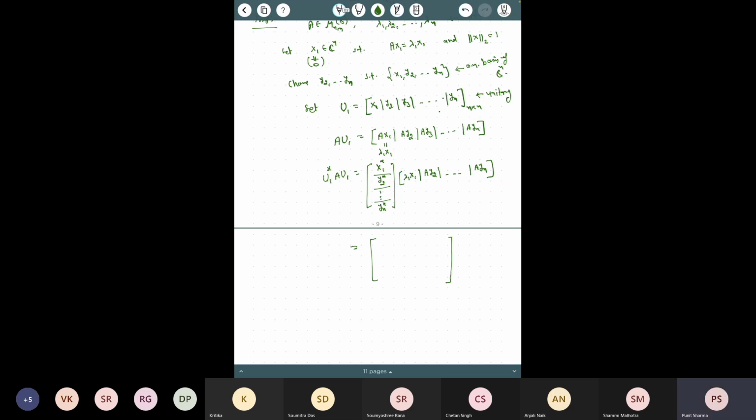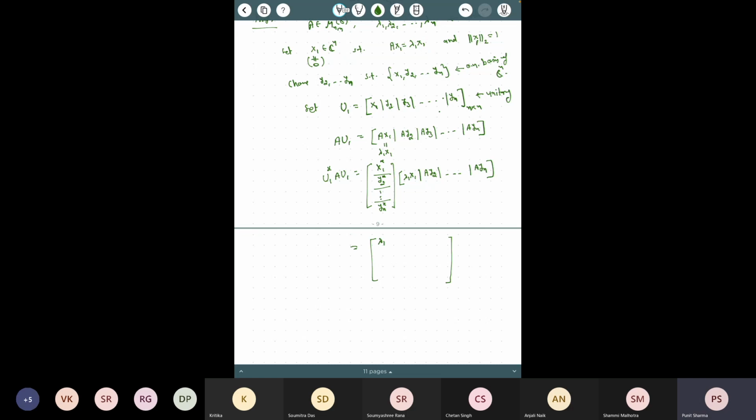What would be the first entry? The x1 star would be multiplied first with this. So the first entry would be lambda1 x1 star x1, but x1 star x1 is 1 because the norm of x1 is 1. So this is just lambda1.